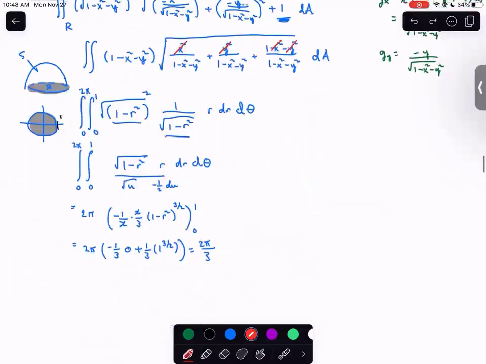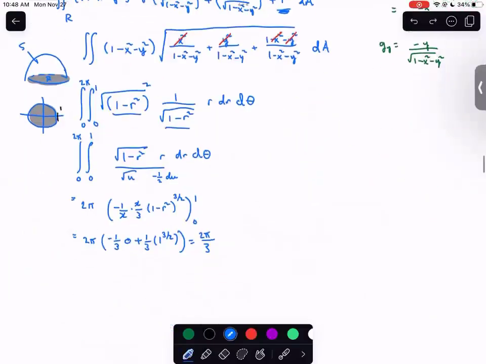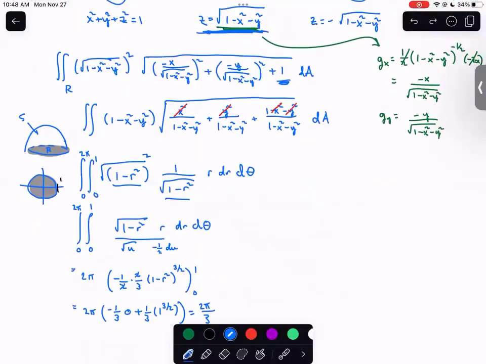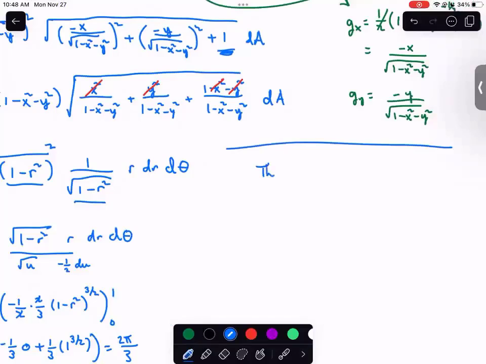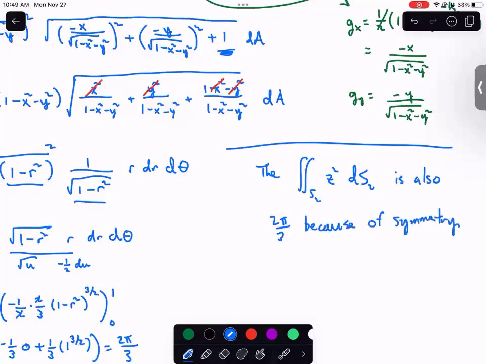And so because of that, I can tell you that the integral on the bottom half, so if I broke this up to a bottom half as well, is also 2 pi over 3, because of the symmetry.